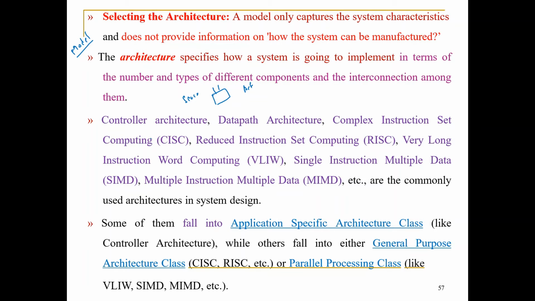CISC is all about a single instruction, but a bigger instruction, and these instructions do multiple tasks in a single one. Are you getting this? For example, you want to compare the data, add the data, subtract the data, and store the data somewhere. Four functions have to be performed. If that is the case, then you can use a simple single instruction, and that instruction is called a complex instruction set.